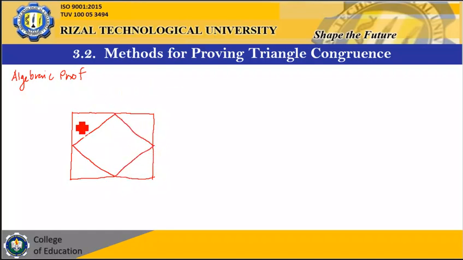Okay, so this one is a right angle, this one is a right angle as well, because that's a square. We will talk about that in chapter 4.